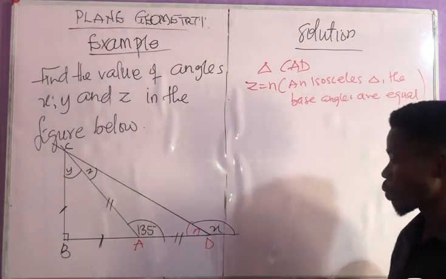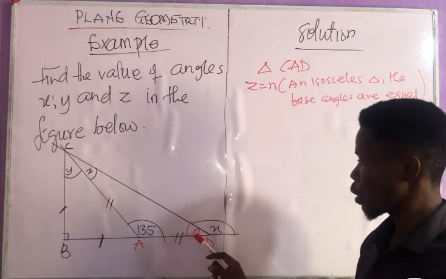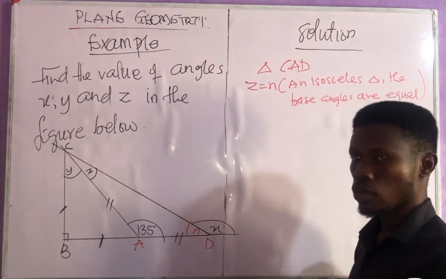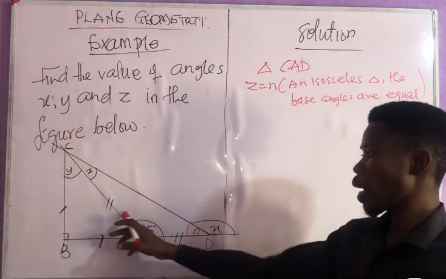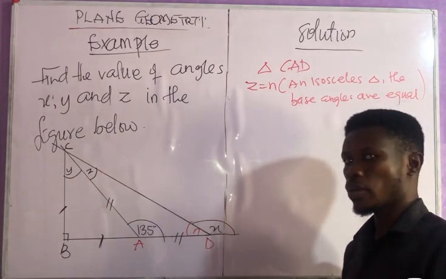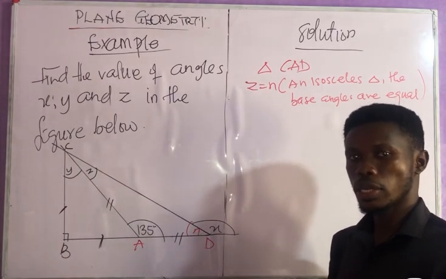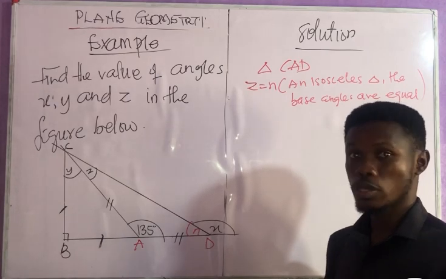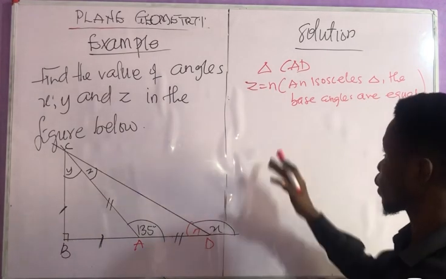Is that okay? So we are saying that this and that are equal because it is an isosceles triangle. It's not always that the base will be down; it depends on how the shape has been drawn. Is that okay? So now let's start with it.